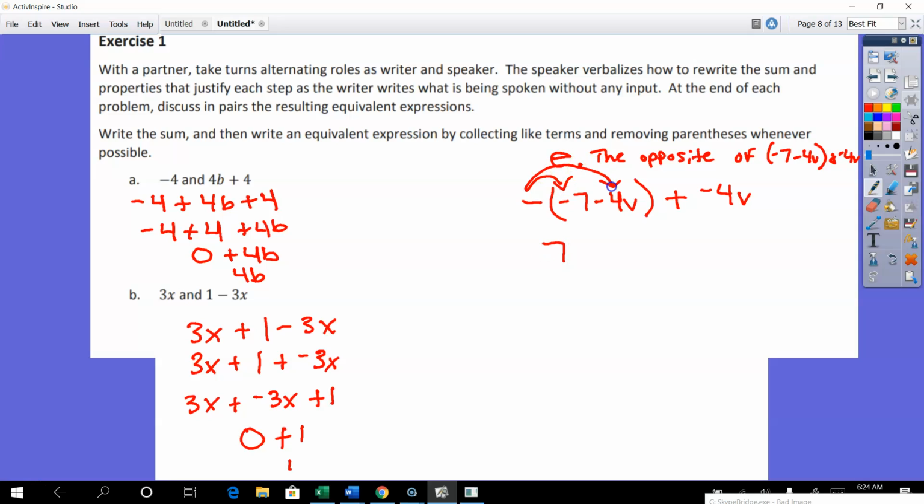Negative times a take away 4 is a add 4. The opposite of negative 7 is positive 7. The opposite of take away 4 is plus 4. Plus a negative 4v. This is what we want to put together. So we have 7 plus 0, which is 7.